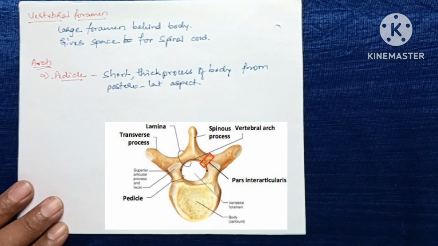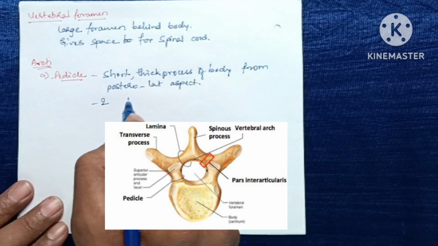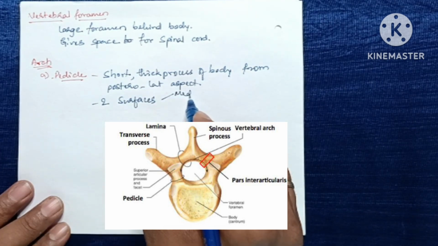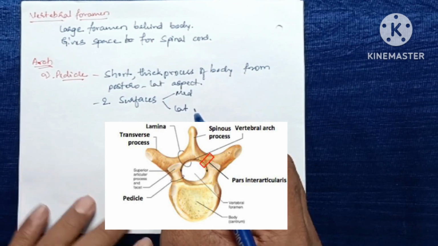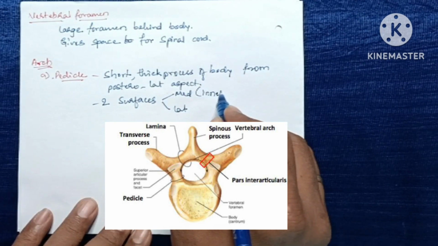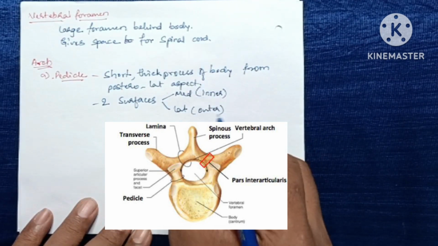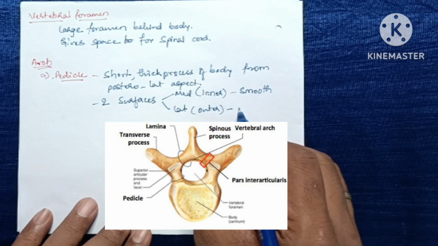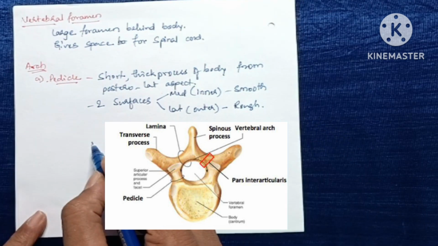This pedicle has 2 surfaces: medial, also known as inner, and lateral, also known as outer. The inner surface is smooth and the outer surface is rough.